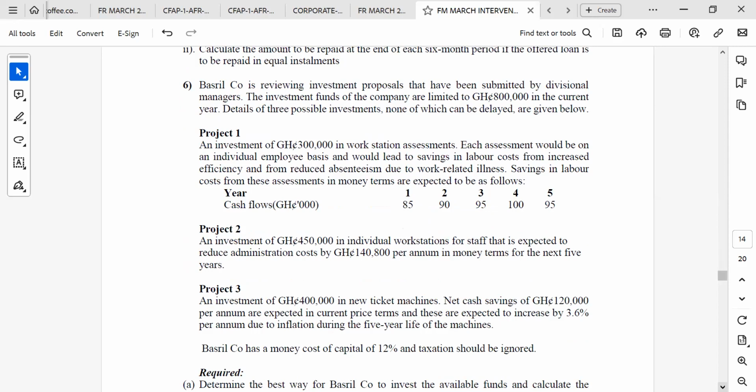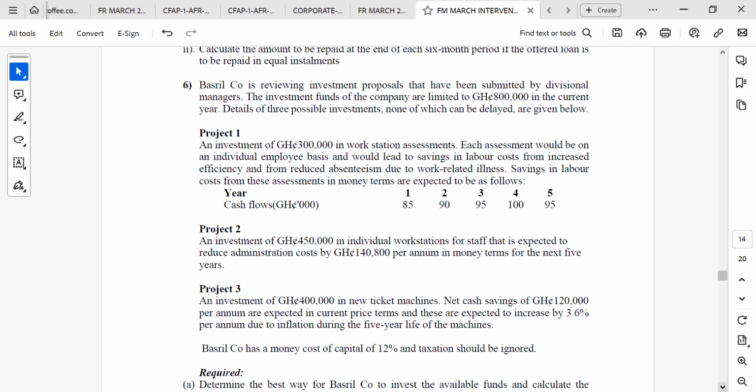Question 6. Basrail Company is reviewing investment proposals that have been submitted by divisional managers. The investment funds of the company are limited to 800,000 in the current year. Details of 3 possible investments, none of which can be delayed, are given below. Project 1.